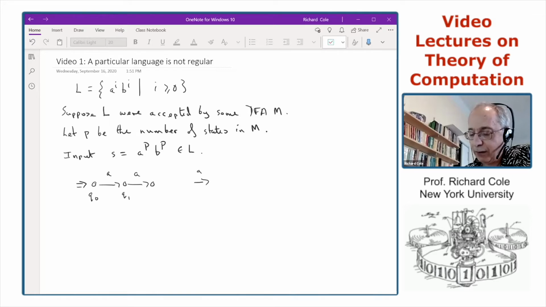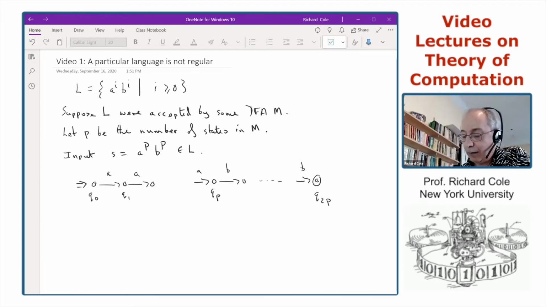So eventually we've read the first P A's, and we've reached some state, call it QP. And now we keep going and we read the B's. And eventually we read P B's, and let's call the state we've reached at that point Q2P. And the important point, of course, is as this string is in the language, we reach an accepting state.